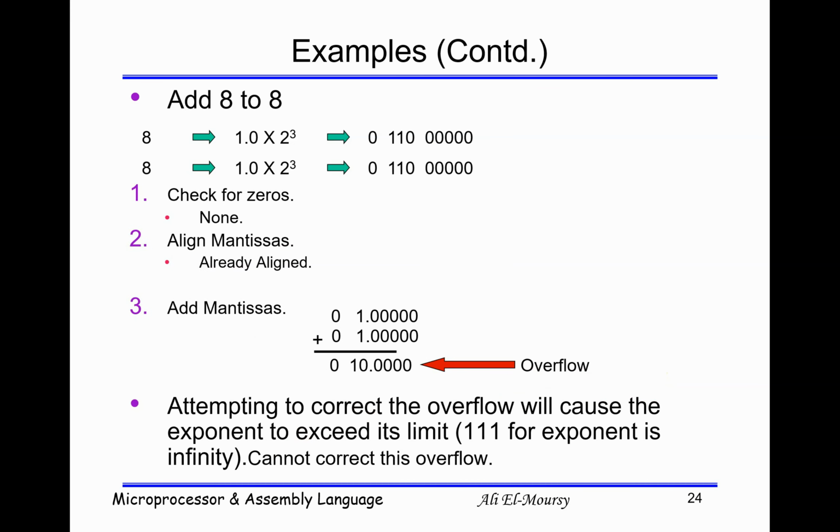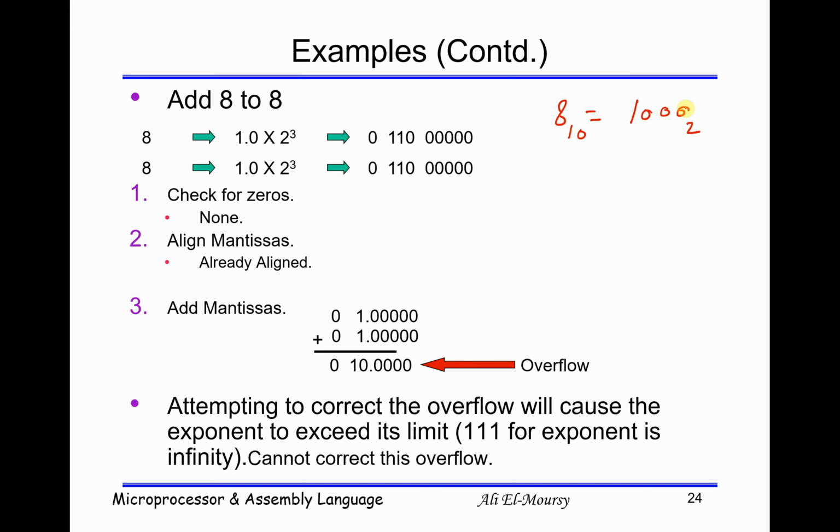Here I have the numbers 8 and 8, the same mechanism, converting 8 to binary. 8 in decimal converted to binary, so I have 1 0 0 0 in binary.